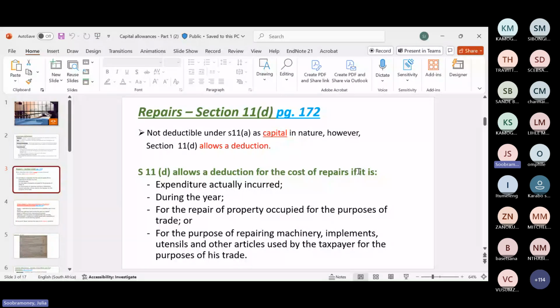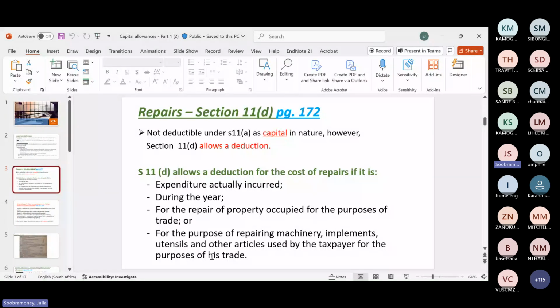So let's have a look. When are we allowed to deduct a repair? Section 11(d) allows a deduction for the cost price of the repair if it is expenditure actually incurred during the year for the repair of property occupied for the purposes of trade, or for the repair of machinery, implements, utensils and other articles used by the taxpayer for the purposes of his trade.